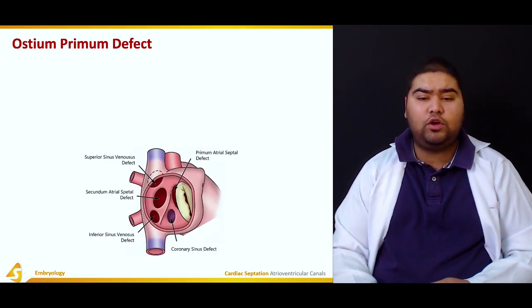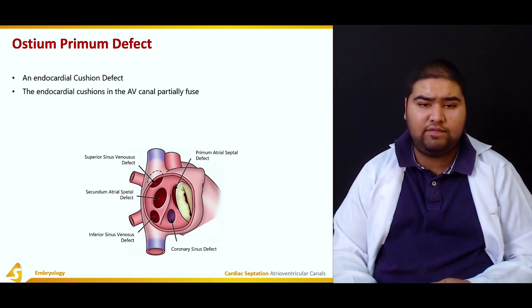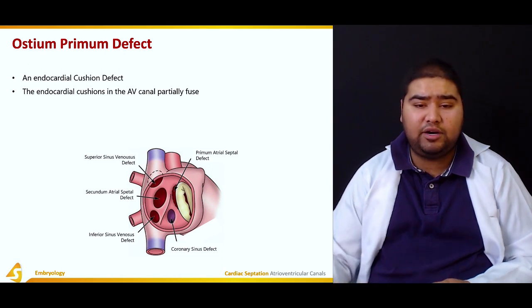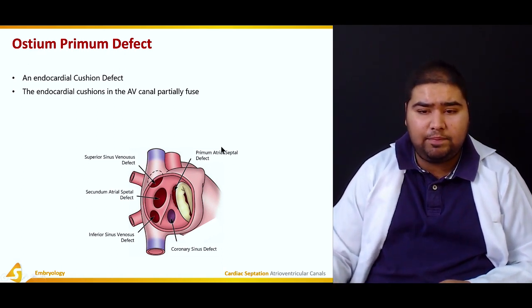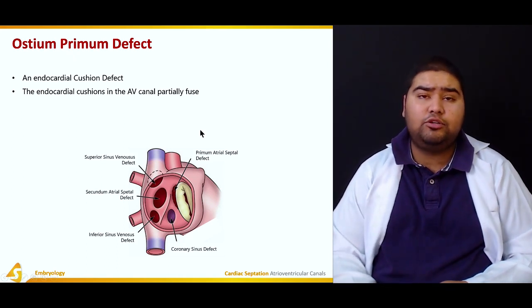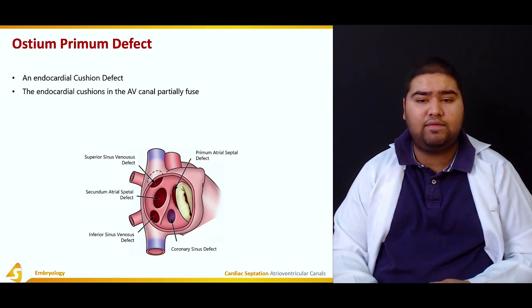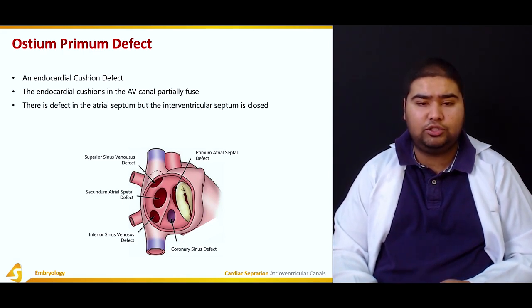So now moving on to the ostium primum defect. It is also an endocardial cushion defect. The endocardial cushions in the AV canals have now partially fused. So we have the primum atrial septal defect. Here you can see that it is due to partial fusion of the AV canals' endocardial cushions.